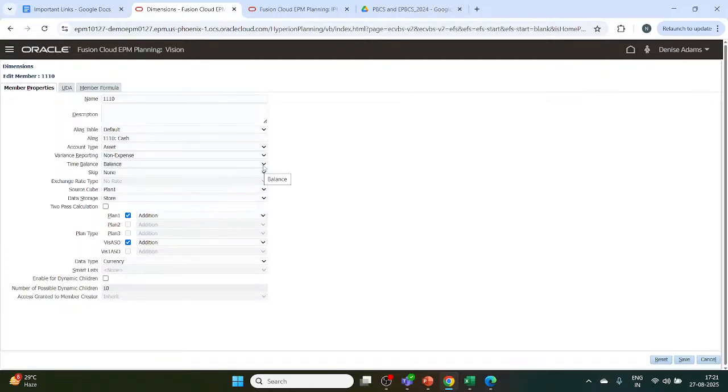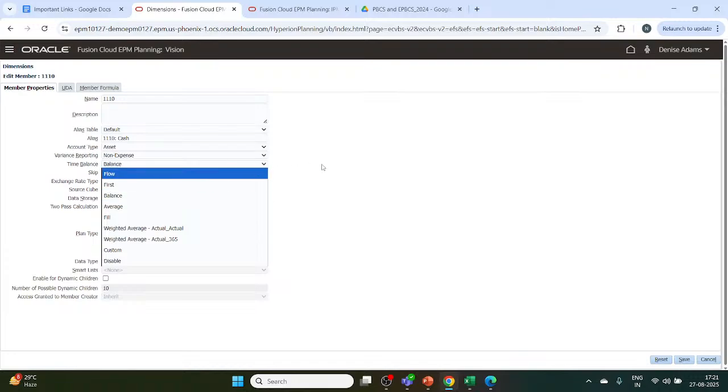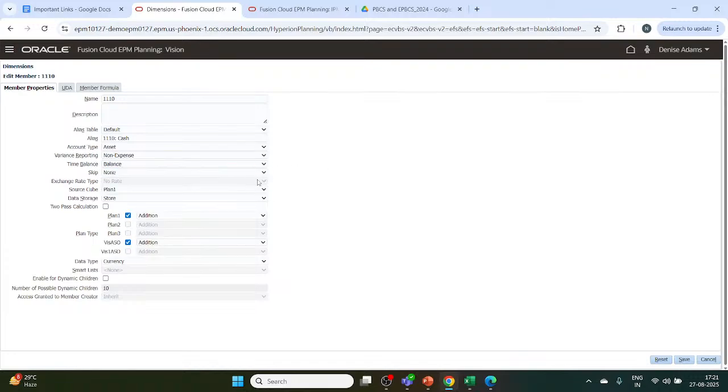So after the time balance property, we can see the exchange rate type here, which we have discussed yesterday. In the exchange rate type, it's also an average or ending exchange rate.